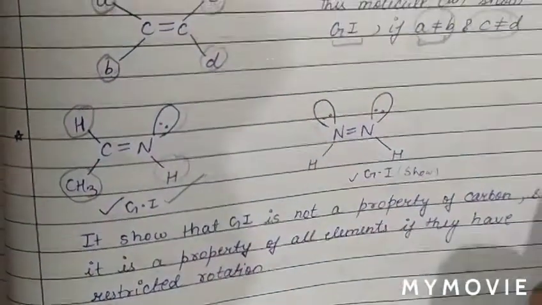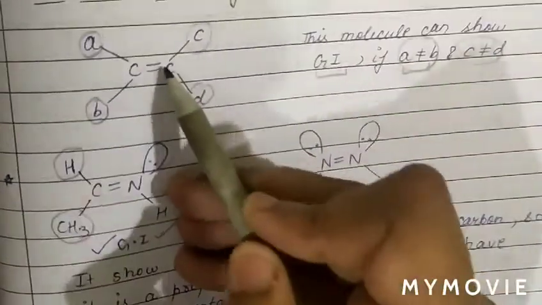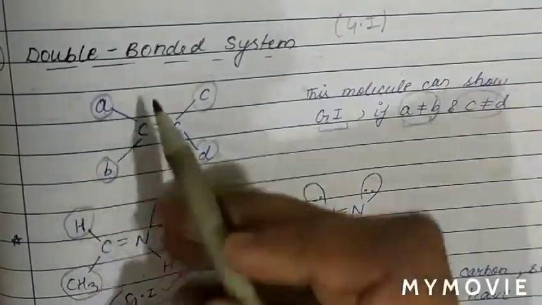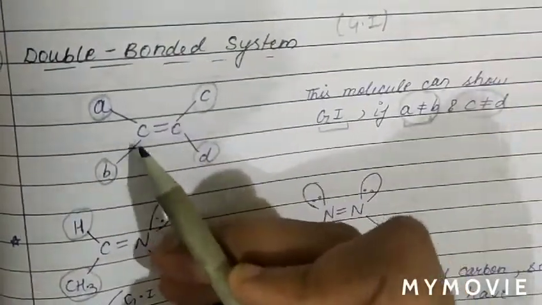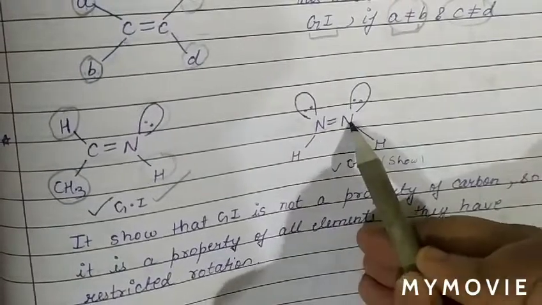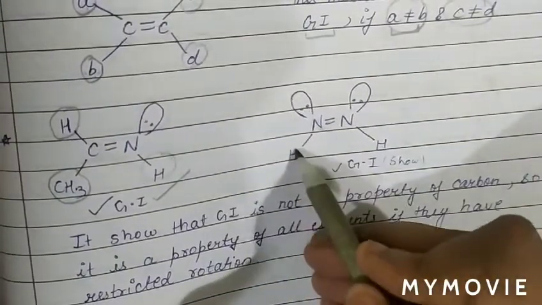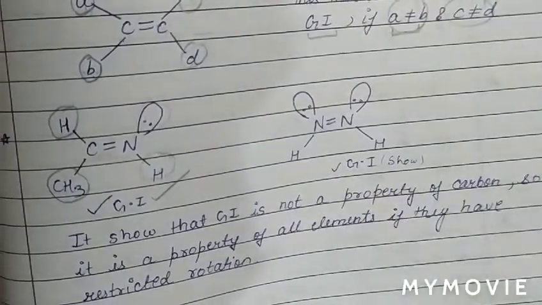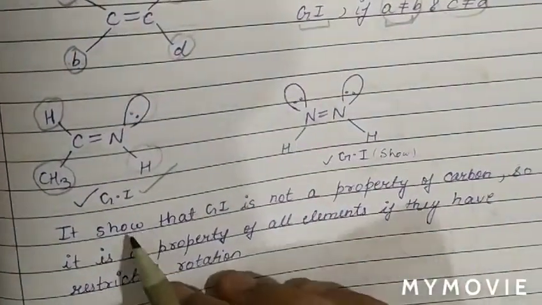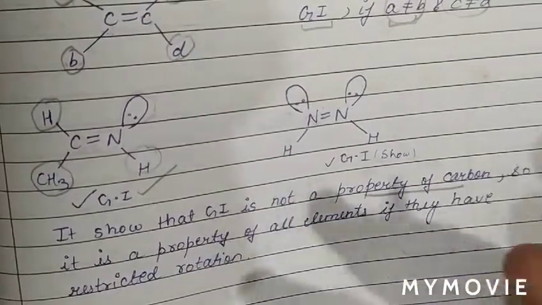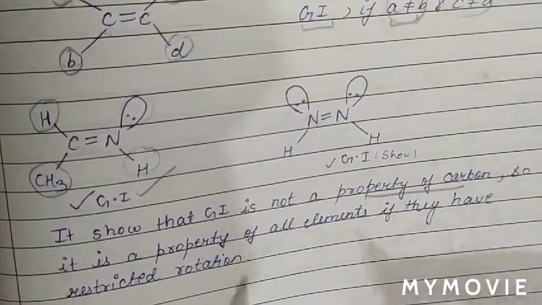So geometrical isomerism can be shown by carbon-carbon double bond. We are studying the double bonded system. Carbon-nitrogen double bond can show GI, and also nitrogen-nitrogen double bond can show GI, because in this case A is not equal to B, C is not equal to D. So it shows that GI is not a property of carbon only.